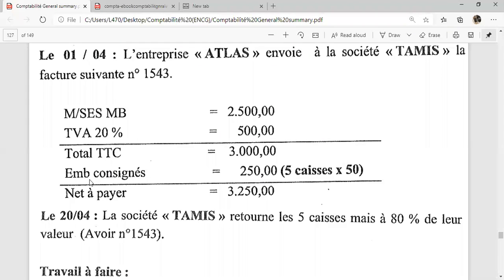So les emballages, like we said before, are an addition to the TTC. From the TTC, toute taxe comprise, our facture has advanced to where we have an addition of les emballages. Les emballages in this case are 250, and 3,000 plus 250 is 3,250, which would be the montant net à payer. It's the actual figure we are supposed to pay for the goods in question.